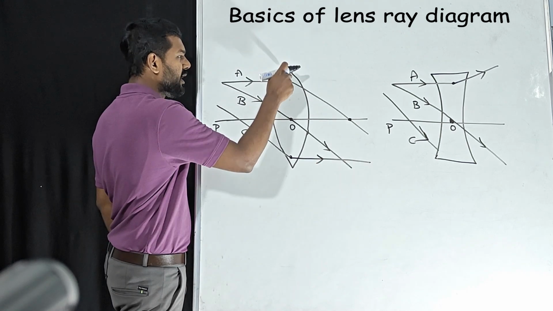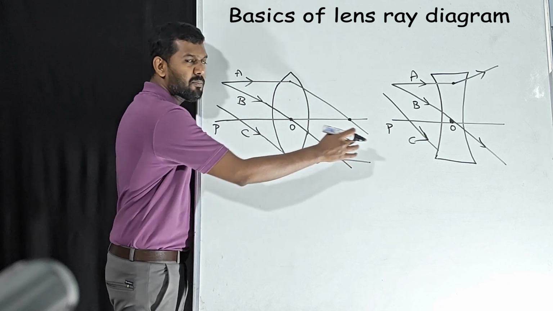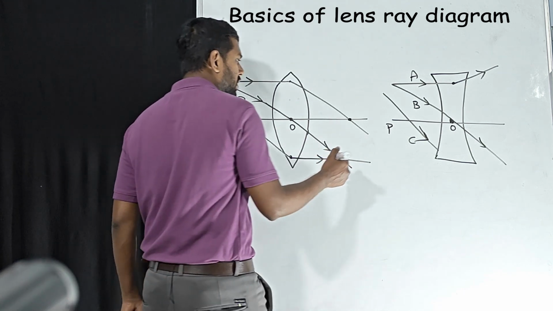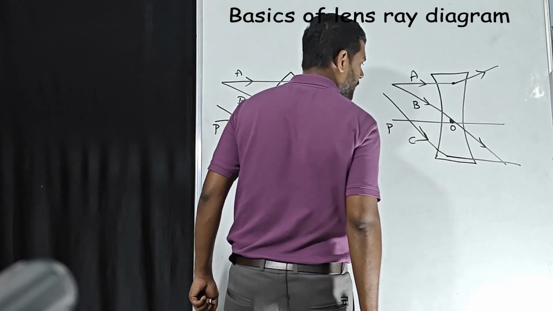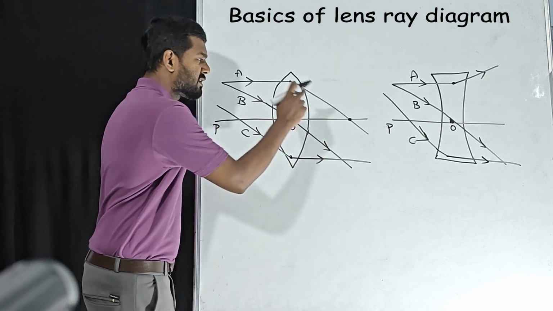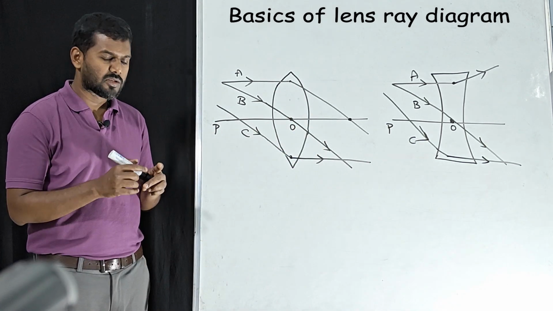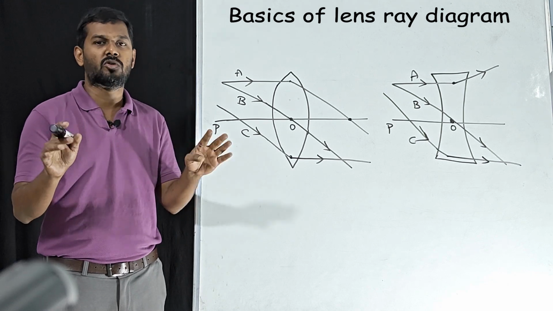If it is parallel, it converges. If it is not parallel, it will become parallel after refraction. Here also, if it is not parallel, after refraction, it becomes parallel to the principal axis. These things you should know. If you know this much, then we can solve many theory questions.